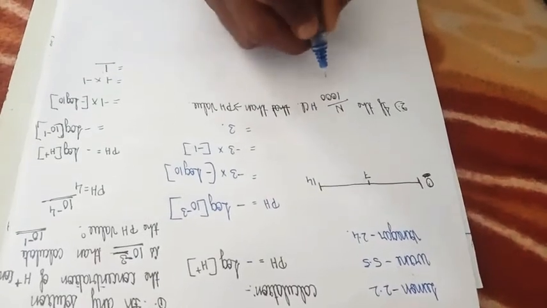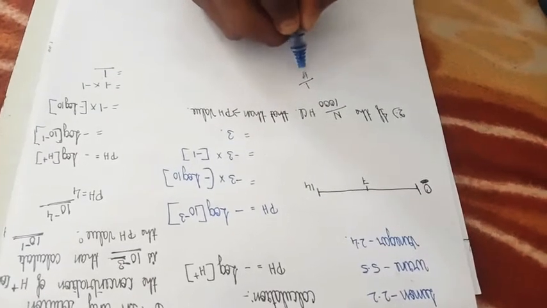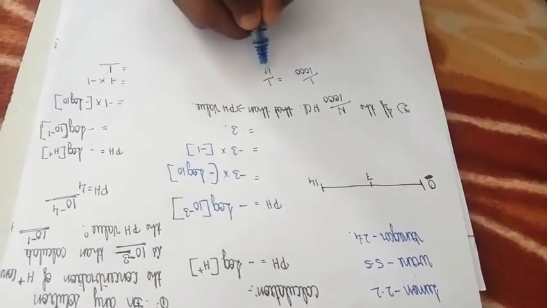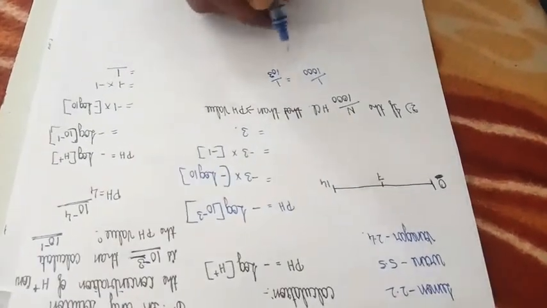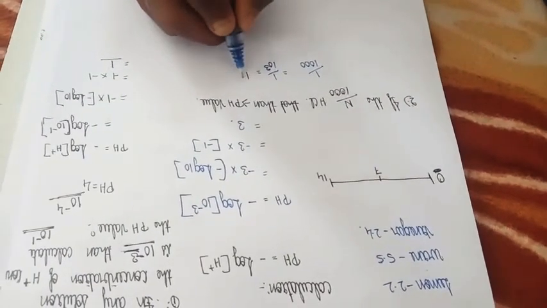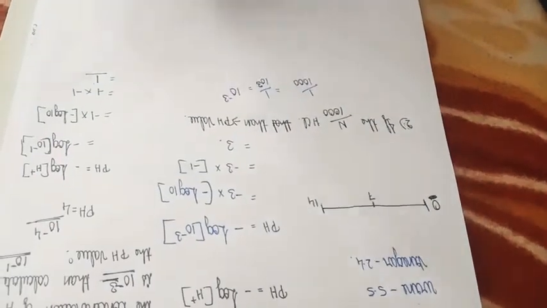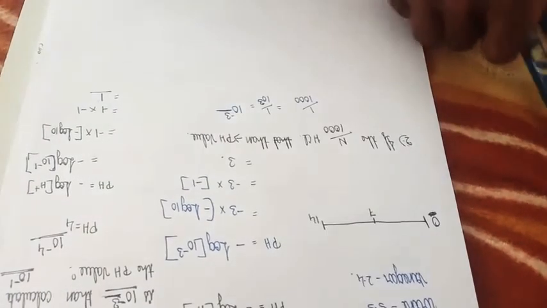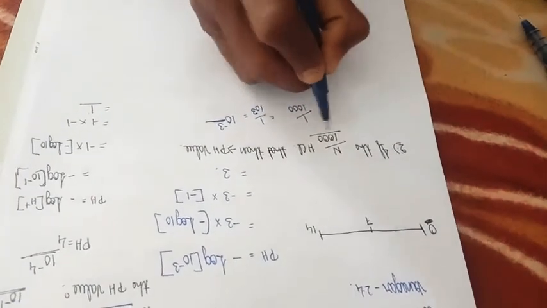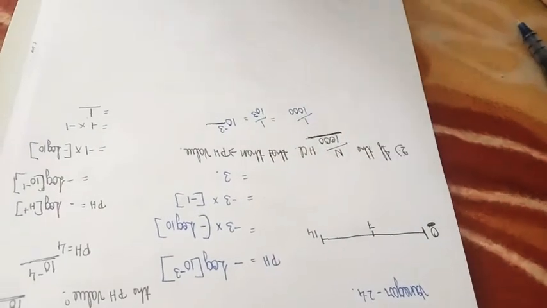Now I'm going to start. Normal value means 1 by 1000. 1 by 1000 is also written as 10 to the power 3. If we move it to the numerator, then 10 to the power 3 becomes 10 to the power minus 3. Then the pH of HCl is 3, because the normal concentration is given as 1 by 1000, N by 1000.